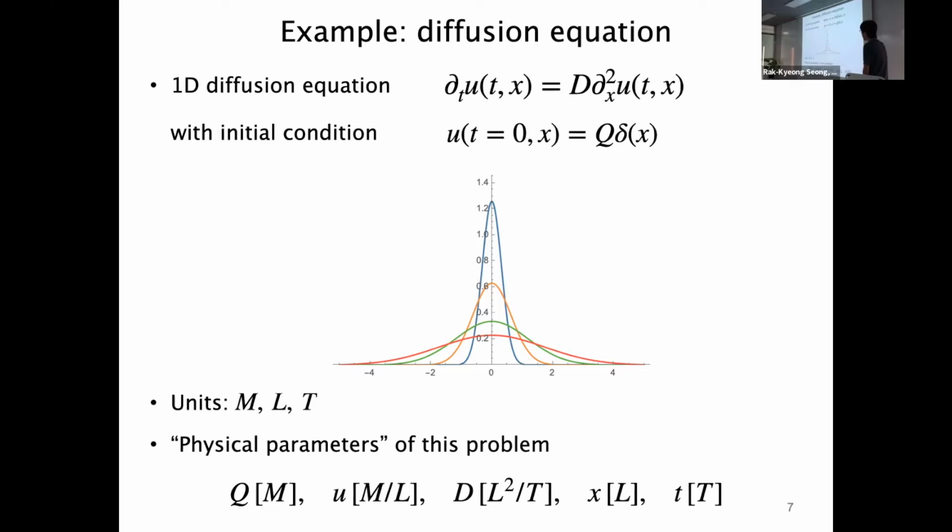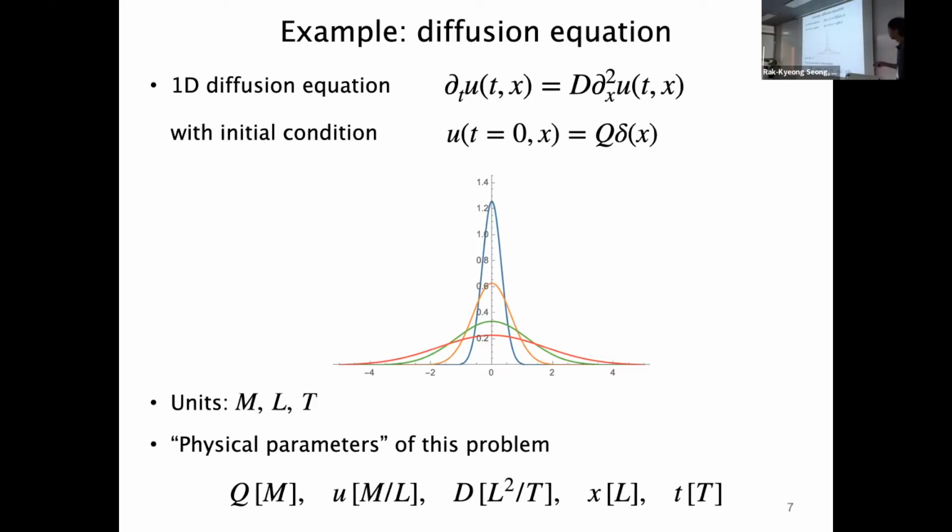In this problem, there are 3 units: mass, length, and time. The physical parameters describing this system are given by those quantities. We have the total charge Q, which appears in the initial condition, and we also have the mass density, the diffusion constant, and x and t.